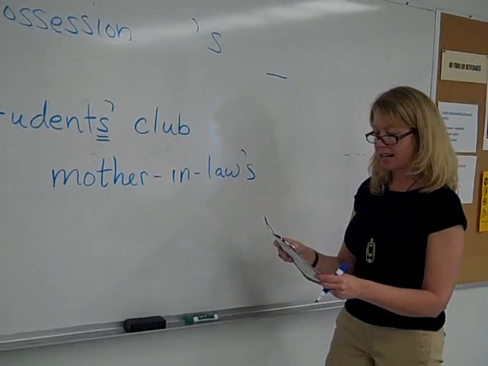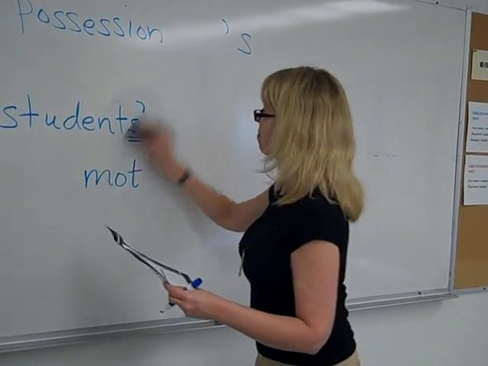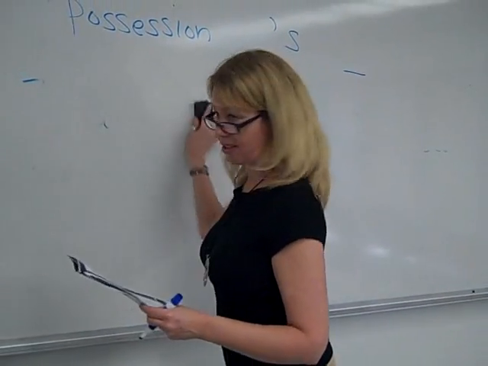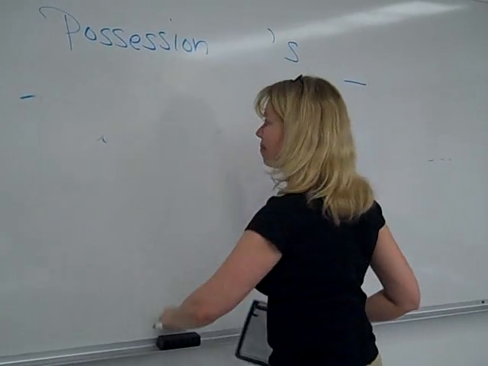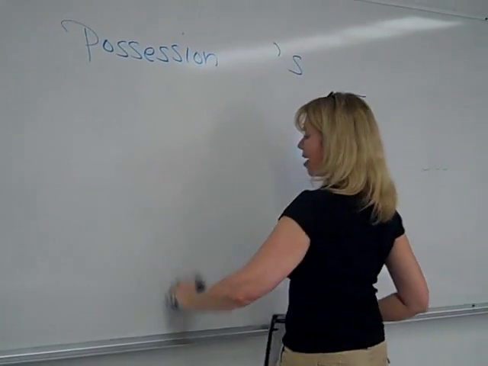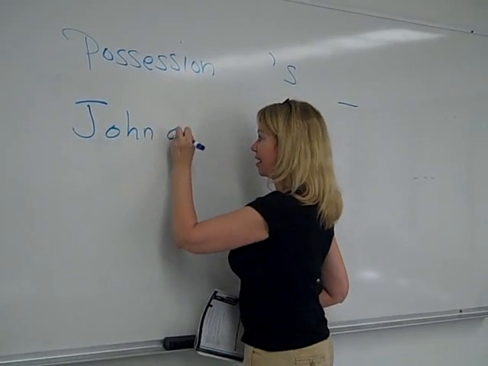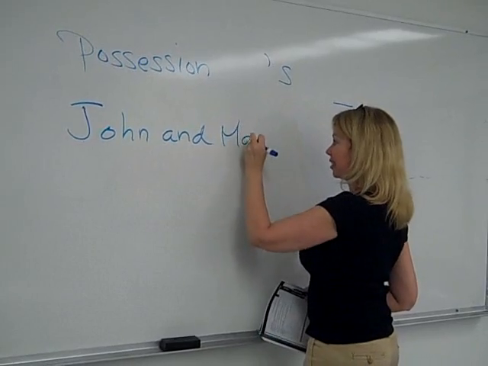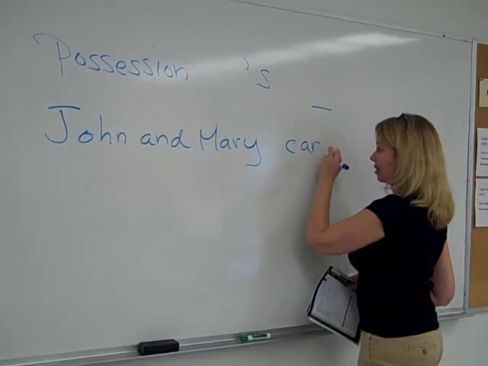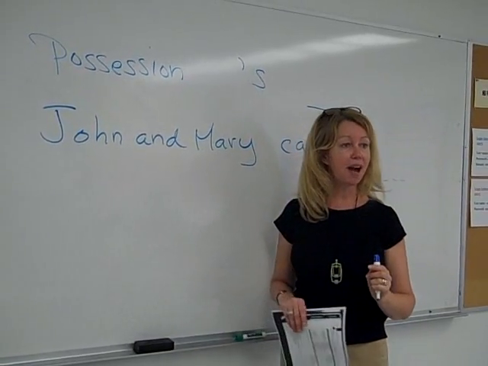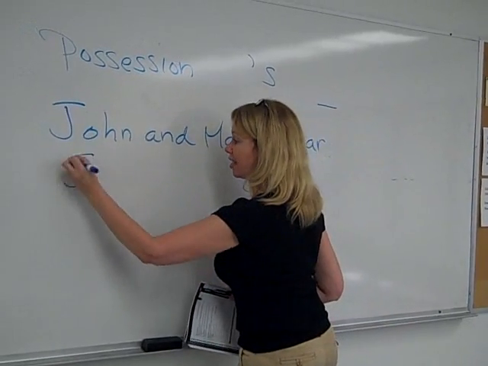Now, what about when something is owned by two people together? For example, let's say John and Mary have a car, but they only have one car. If I want to show possession, which one am I going to do?